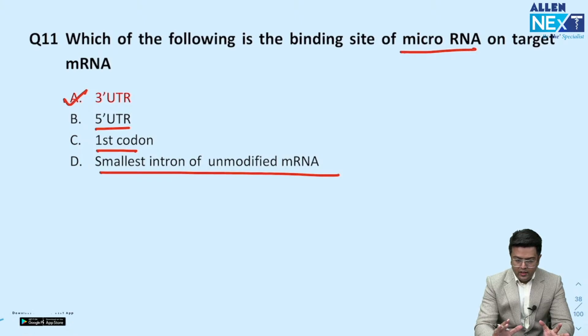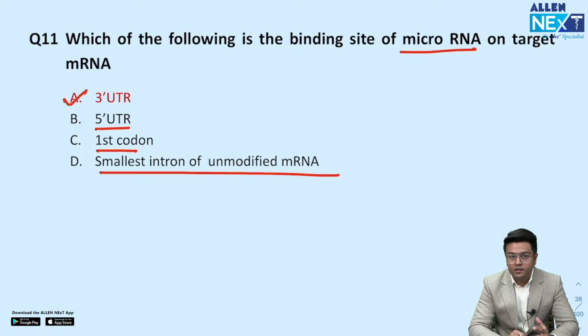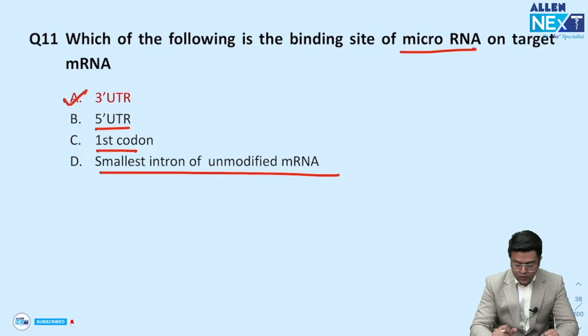So microRNA was a Nobel Prize in 2006, and the upcoming drugs are based on this concept. Okay, there are drugs based on this concept, like inclisiran, an inhibitor of PCSK9, right, used for hypercholesterolemia. That is based on the concept of microRNA.